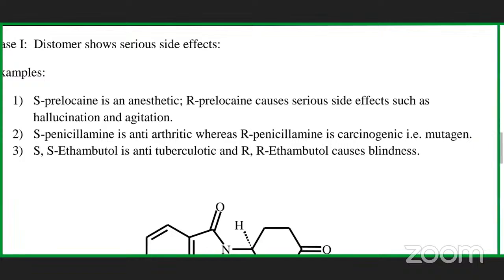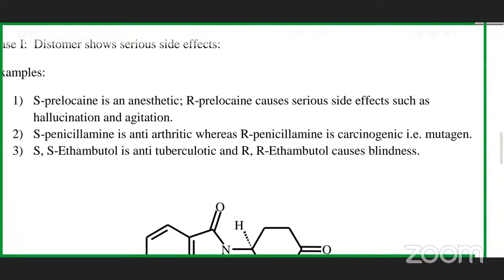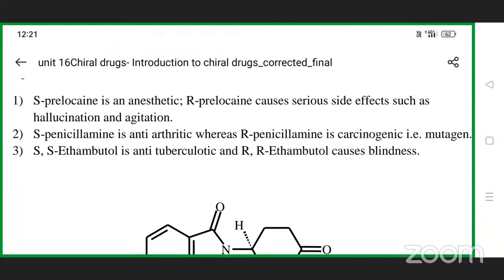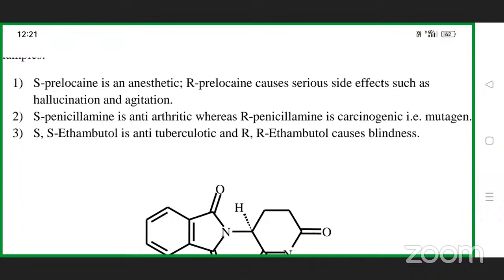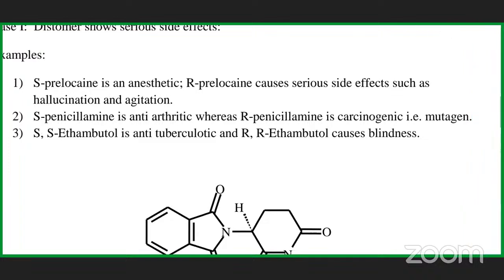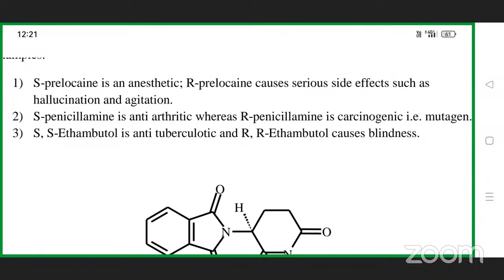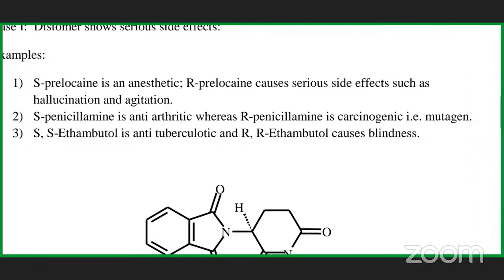This is one of the drugs where the configuration is S,S here. S,S-ethambutol is anti-tuberculosis, you know, TB. Okay, it is an anti-TB drug here. And R,R-ethambutol is causing blindness.